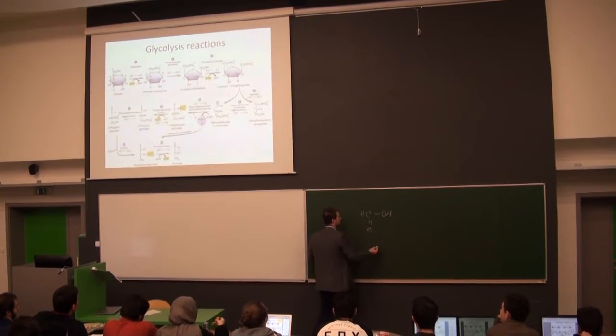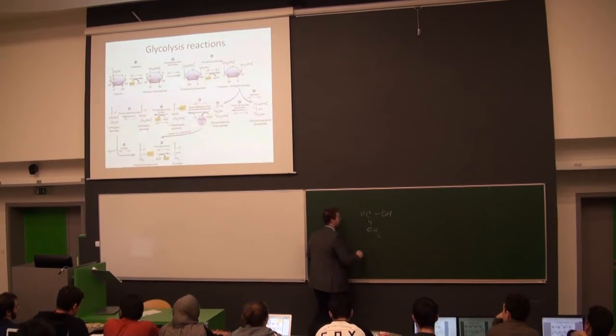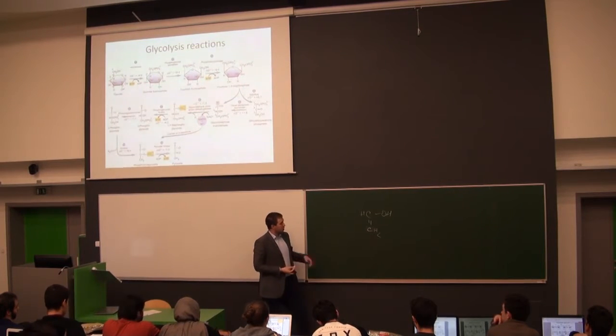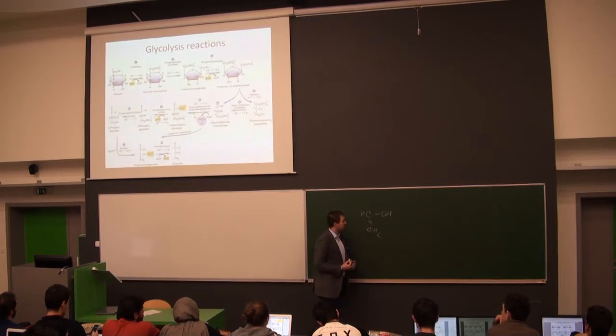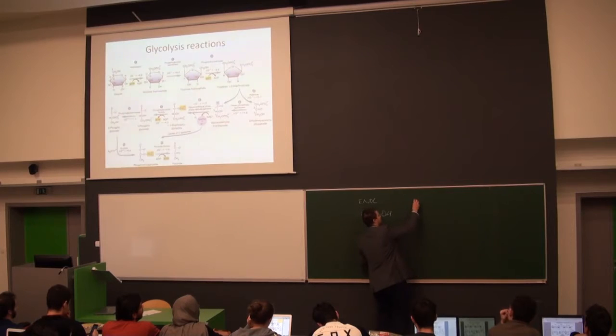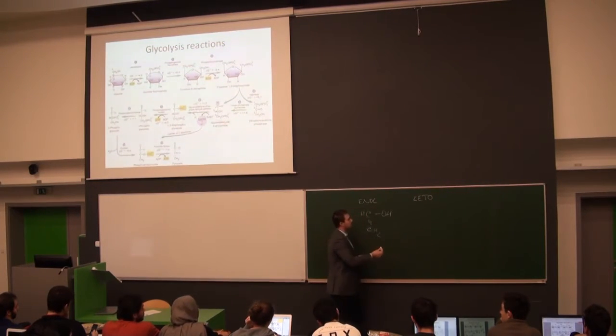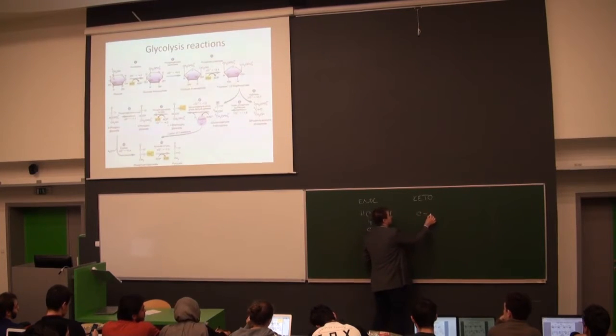So this is an example of how it can look. This is the double bond and this is the hydroxy group. And as you know, this is the enol form, and then you can have the keto form. And the keto form means that you have there the keto group.